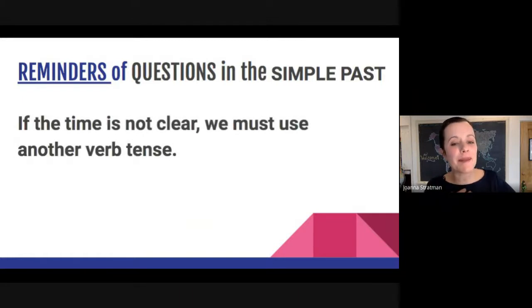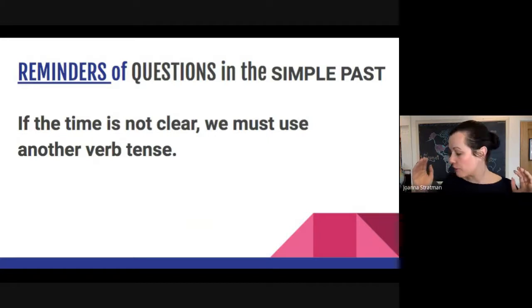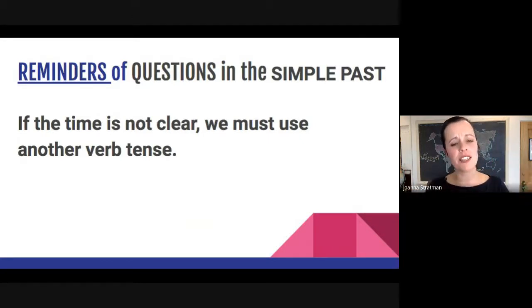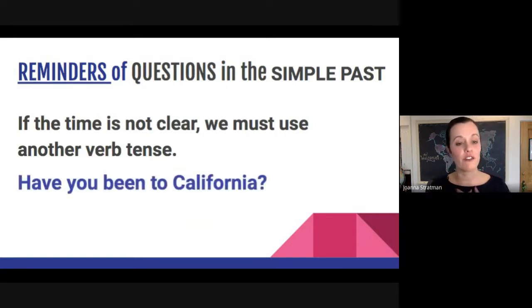If the time is not clear, we must use another verb tense. So if I want to ask you in your whole life, from when you were a baby, as a child, a teenager, and an adult, if I want to ask you if you have been to California, I must use this verb tense.